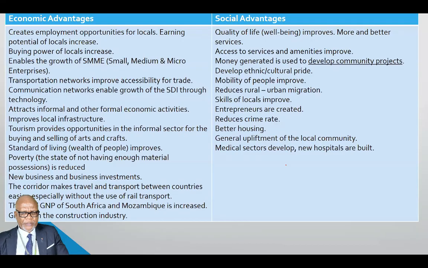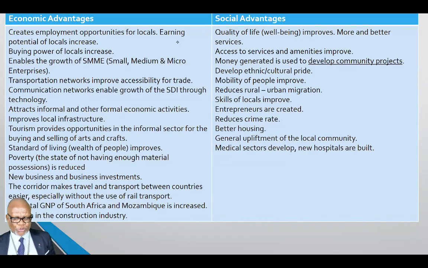Now let's look at the economic advantages of SDIs. The economic advantages of SDIs are the same as the economic and social advantages of industries in general. They all create employment opportunities. They increase buying power.